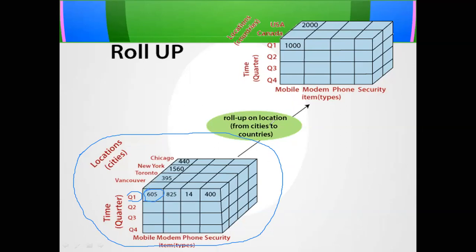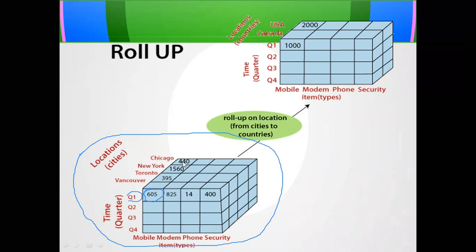So if you apply a roll-up operation on the location city here, you will get this more summarized data. Here the roll-up operation is performed on the city, right? So city is converted into USA, because this city-wise data we have aggregated into country-wise data.